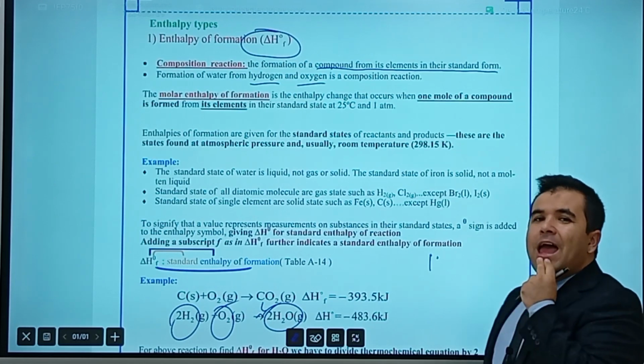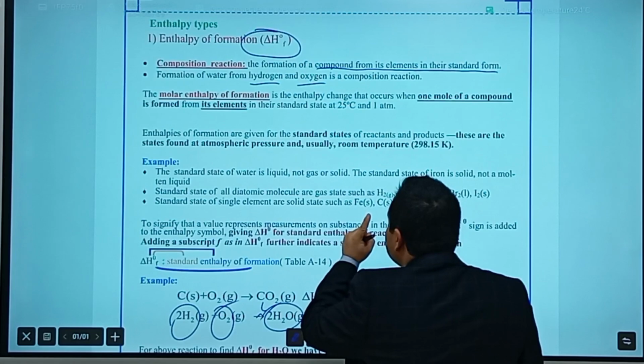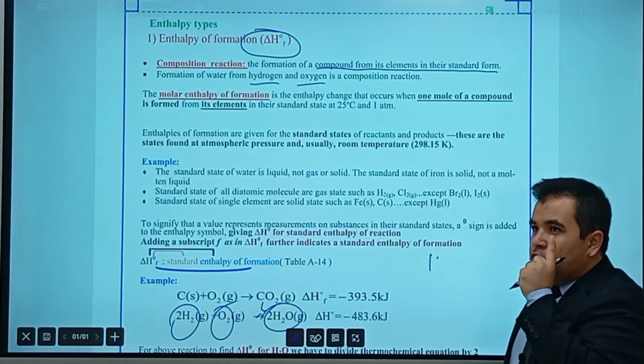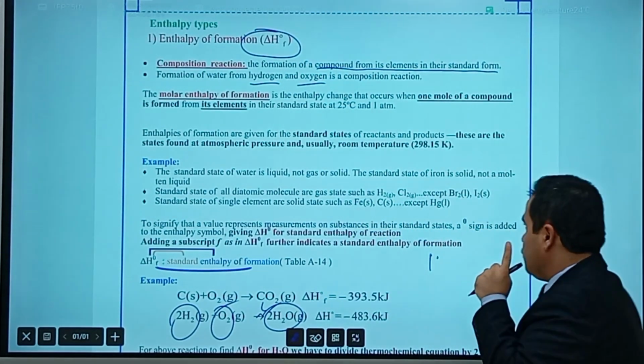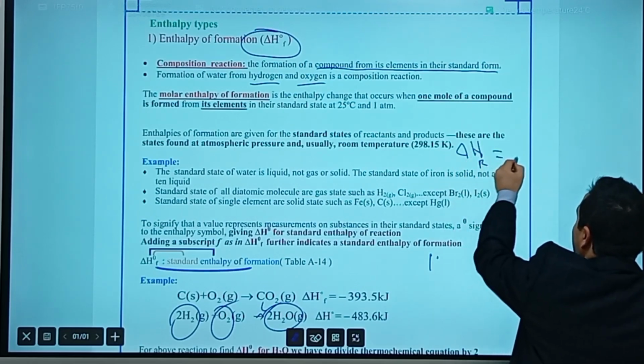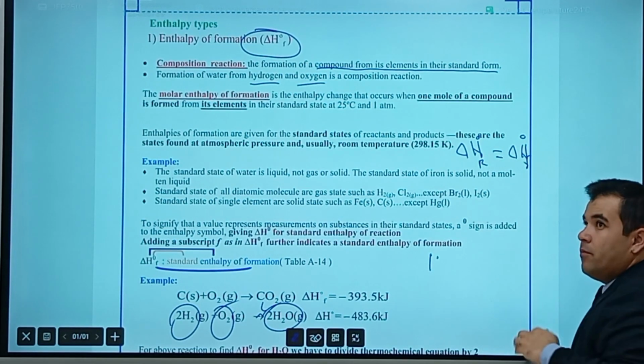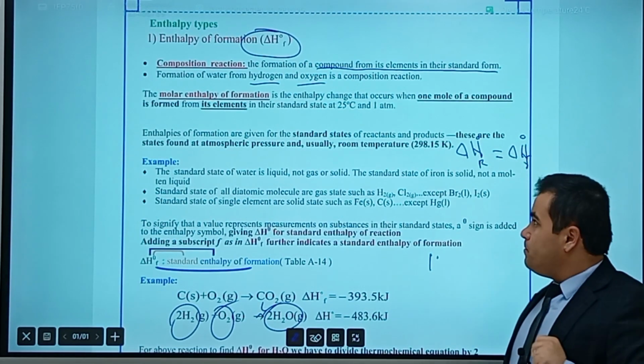But what's the enthalpy of formation or molar enthalpy of formation? Guys, in order to equate the enthalpy of a reaction to the enthalpy of formation, there should be two conditions.